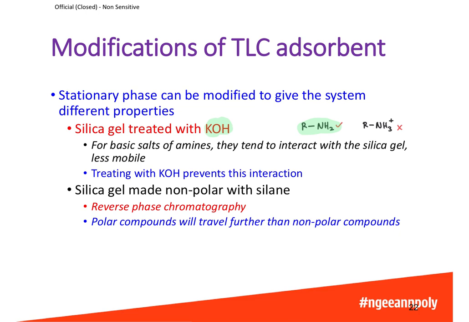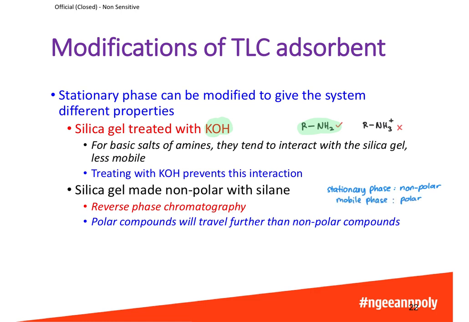Another modification is to make the silica gel non-polar by treating it with silanes. When this is done, what happens is that the stationary phase now becomes non-polar and the mobile phase is relatively polar compared to the stationary phase.